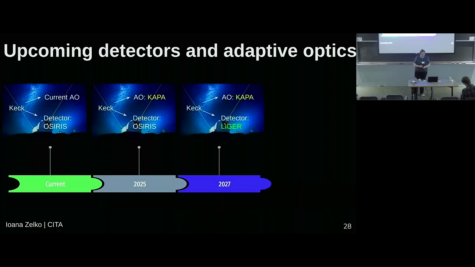And then the detector is going to be upgraded to the Liger system. This is an improvement in the number of pixels on the spectrograph side by a factor of 2, and in the resolution of it as well.